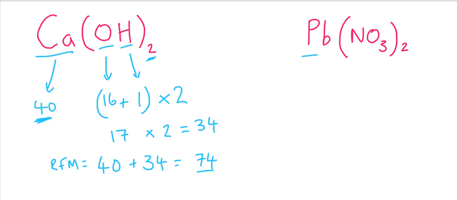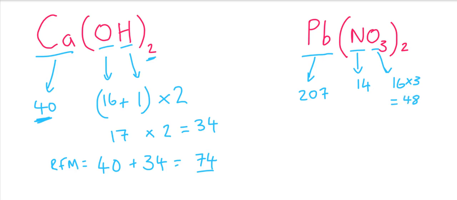Okay, so lead has a mass of 207. Nitrogen has a mass of 14. And oxygen has a mass of 16. But notice the 3 next to it. So we need to times that by 3. 16 times 3 is 48.